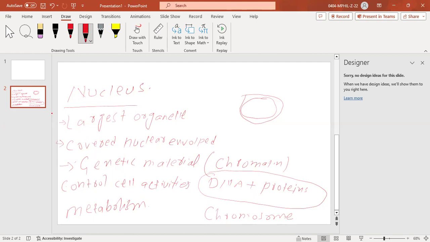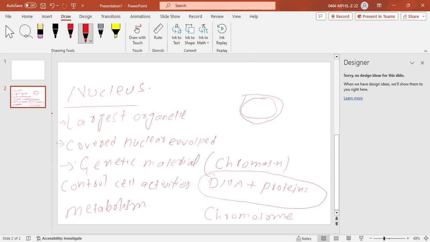In the case of catabolism, we divide the larger molecules into smaller ones. In the case of anabolism, we are combining the smaller molecules to form larger ones. For example, you have starch.